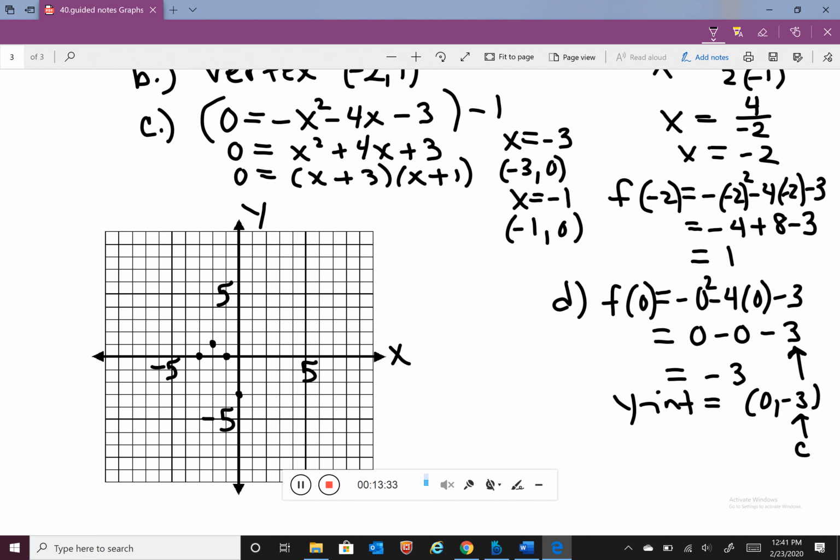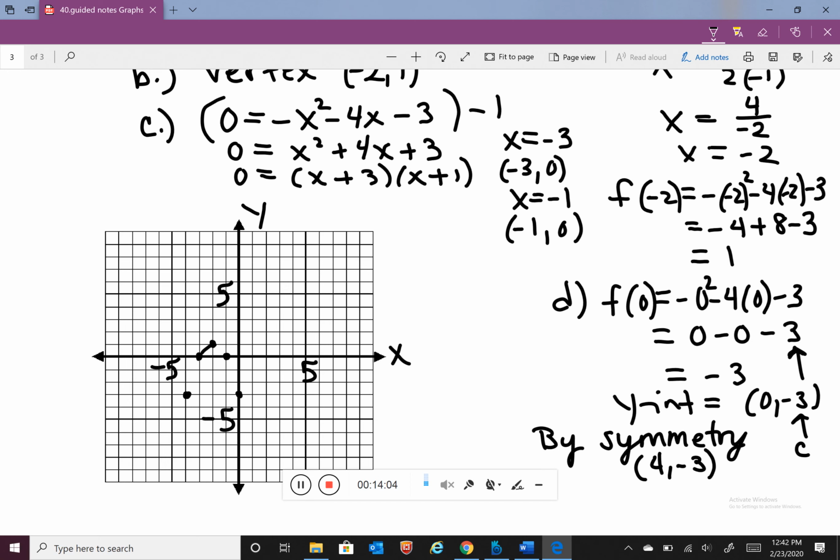And we can get a fifth point by symmetry. Notice our x-intercepts are symmetric over our line of symmetry, which we'll graph in a minute. But I can get another point of symmetry, which is 4, negative 3.